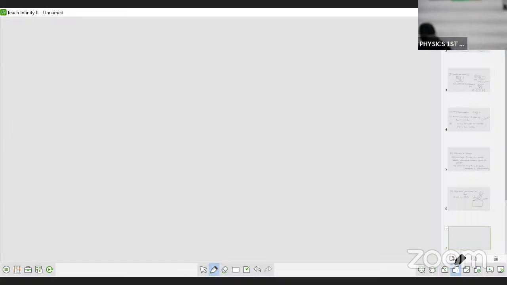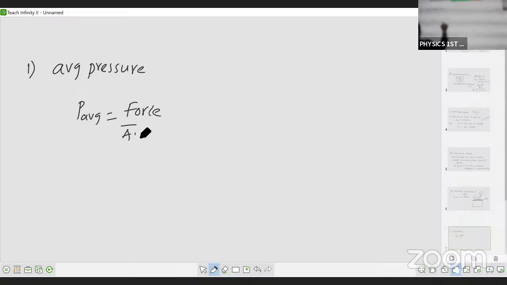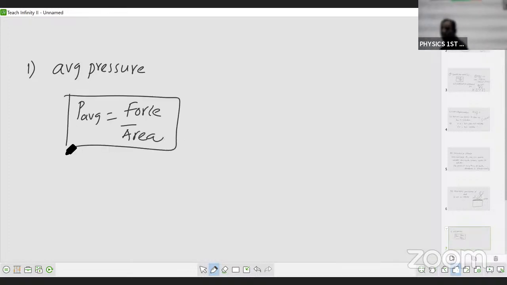First, average pressure: P average equals the ratio between the normal force acting normally, the force acting on the given surface, with respect to the area. This is force.